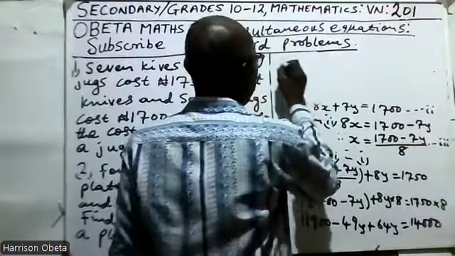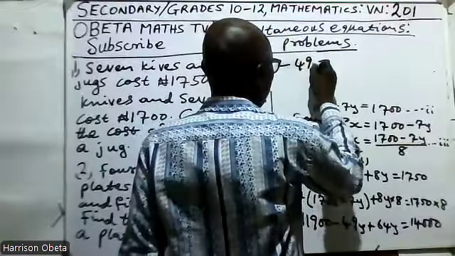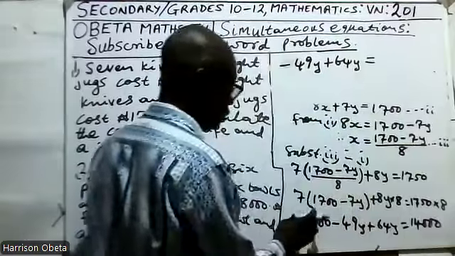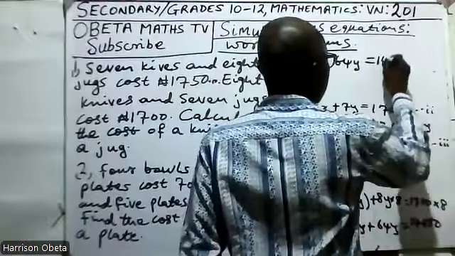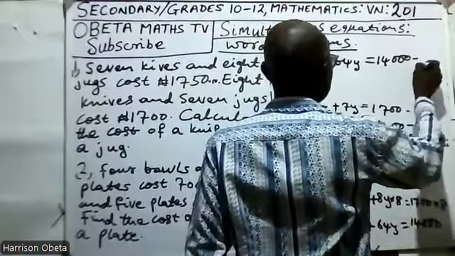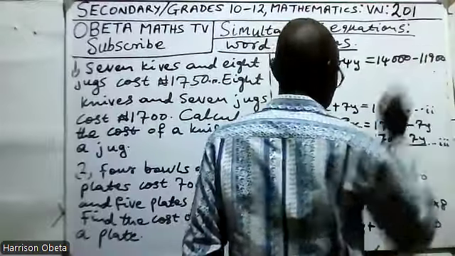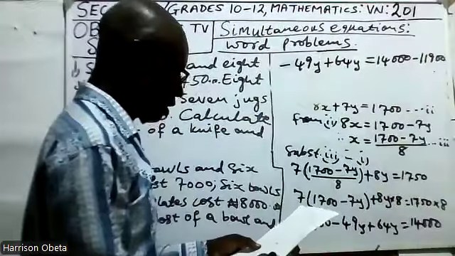So minus 49y plus 64y is equal to, take this to the other side, 14000 minus 11900.